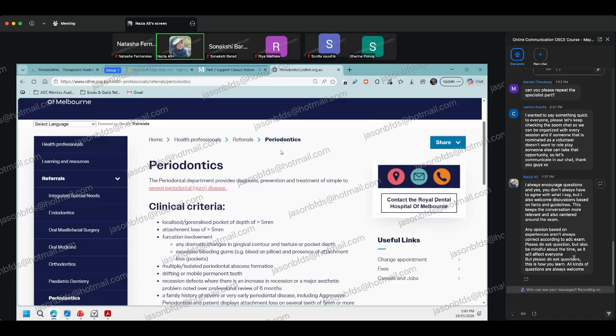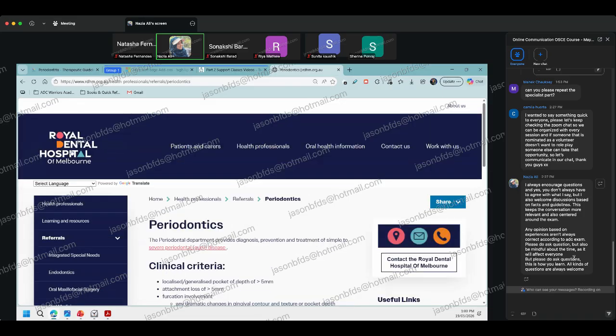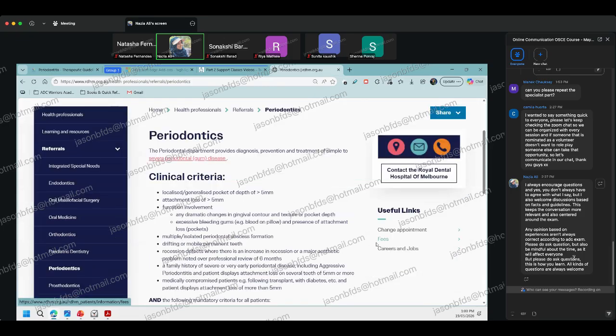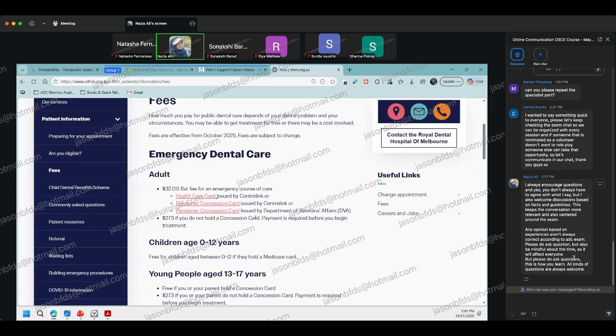There are quite a few different hospitals. The one I mostly quote is the Royal Dental Hospital of Melbourne. I love their guidelines, DHSV. If you go here, they talk about fees and different communities. They say you are working in a public hospital. It could be any of these. There's Dandenong, there's Monash, there's quite a few.